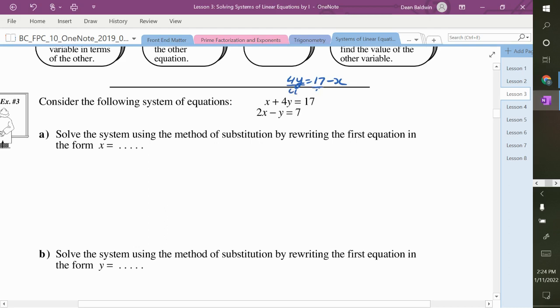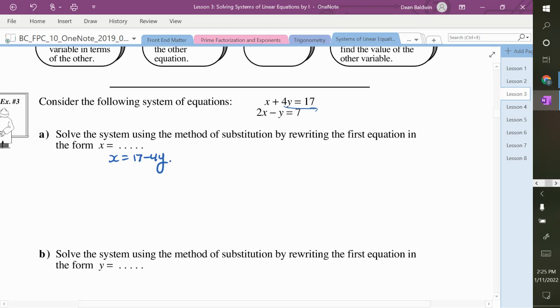You'd have to divide off the 4, right? Which is going to generate fractions or decimals. But if I choose to solve for x, all I have to do is move the 4y over, and I get x is equal to 17 minus 4y.